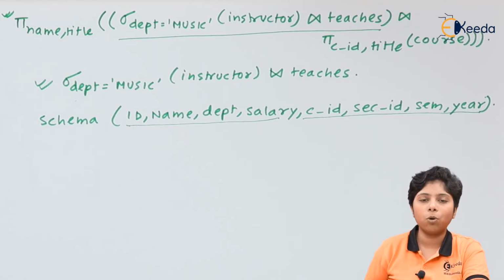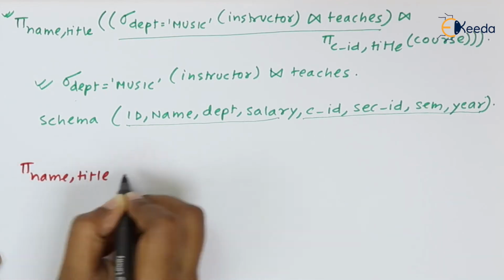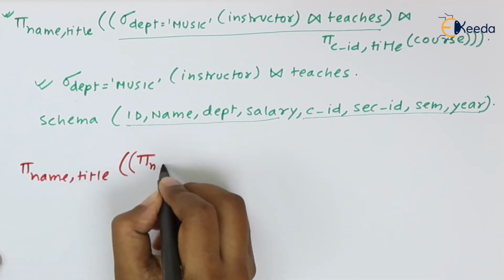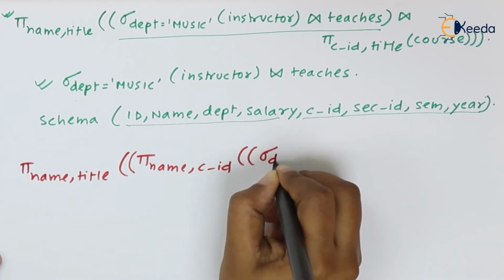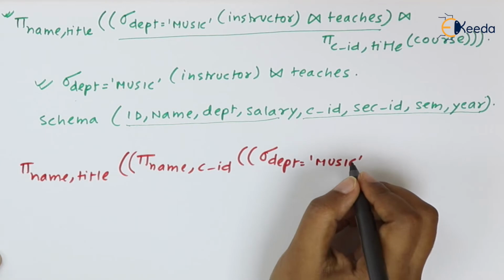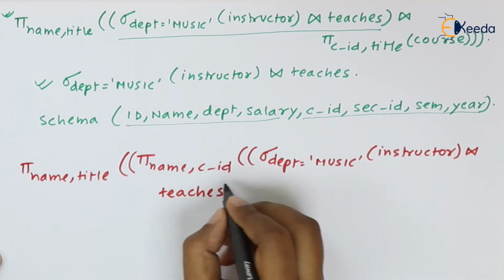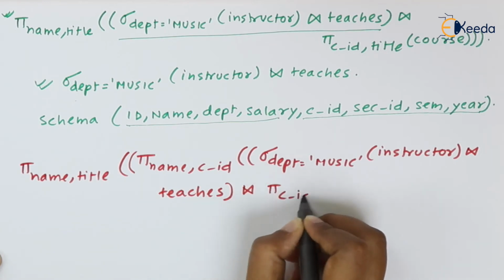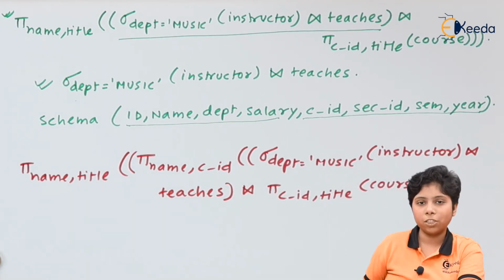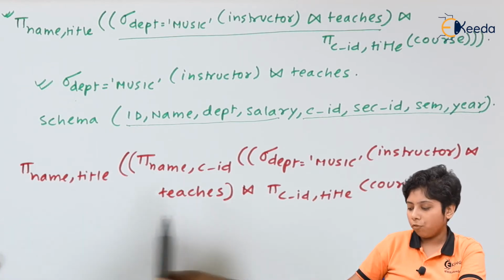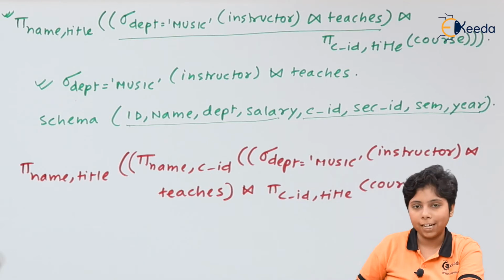So to have this one, we can transform our query. Now let us look at this one. First of all, we have the projection, that is the course CID and title.